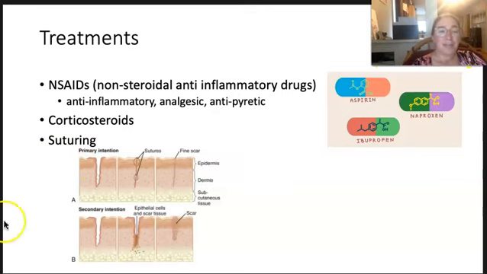For example, if you have a laceration, a cut, and you don't suture it, you need to have more epithelial cells form, and you get a thicker, more fibrous scar, versus using sutures to bring the skin cells together, so fewer cells need to be made to bridge the gap, and you get a smaller scar.